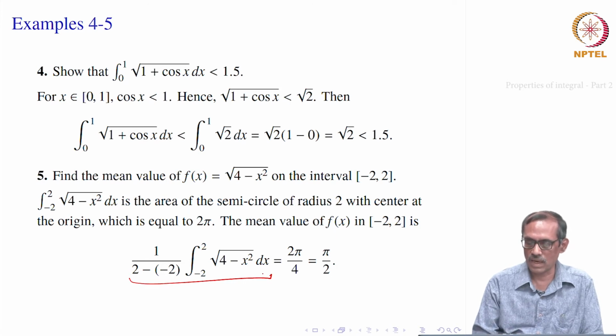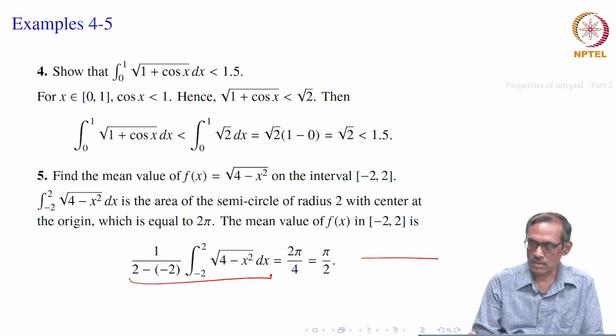But what is this integral really? So, y equal to square root of 4 minus x square is a circle, it is a circular arc, it is a semicircle really, the square root is positive only. So, it lies on the upper half plane.